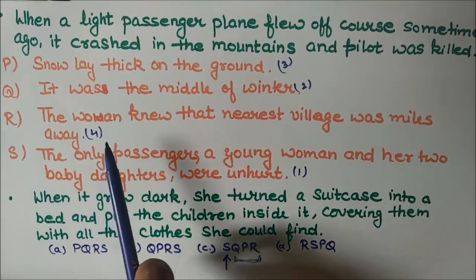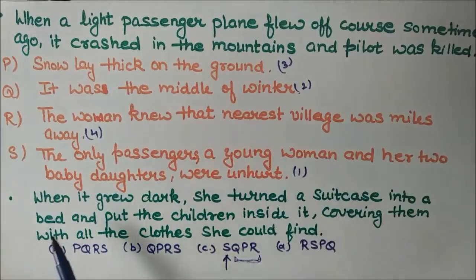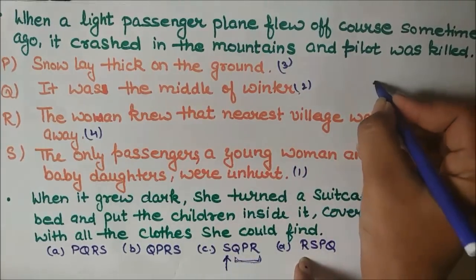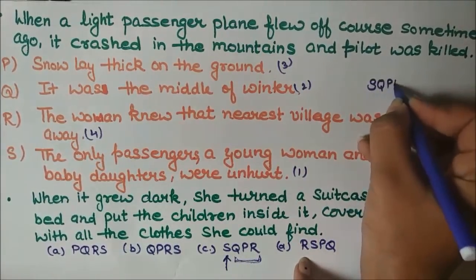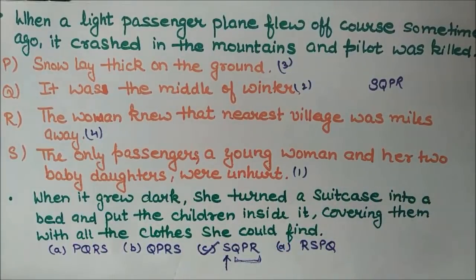The fourth one: the woman knew that the nearest village was miles away. When it grew dark, she turned a suitcase into a bed and put the children inside it, covering them with all the clothes she could find. So the answer will be SQPR, that is option C here.